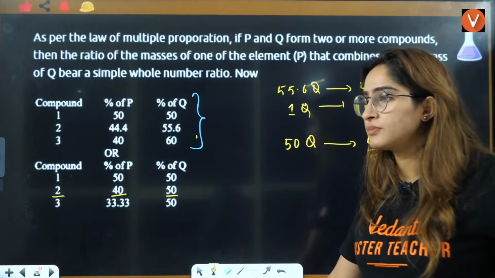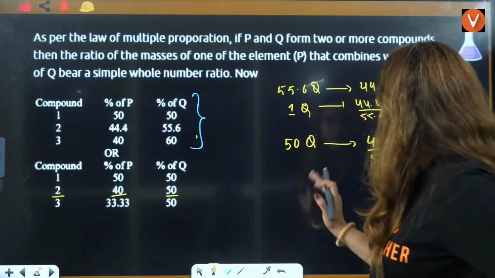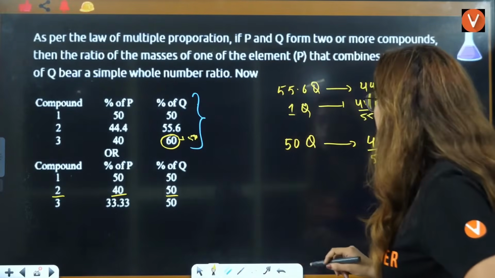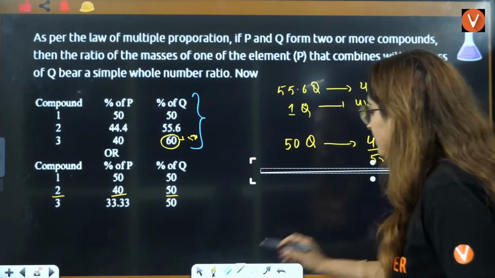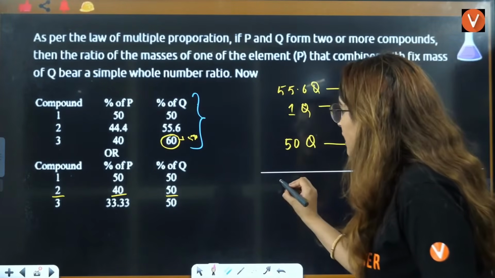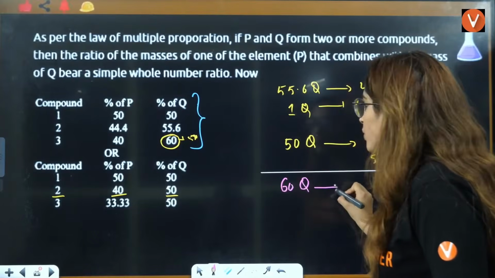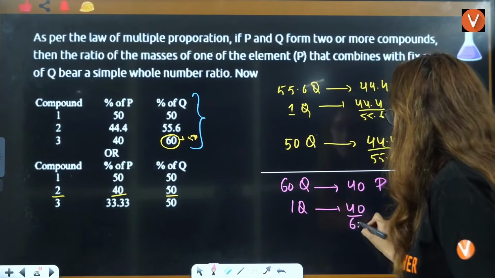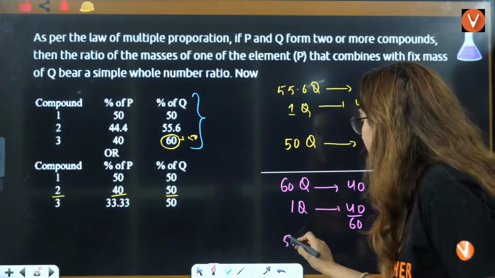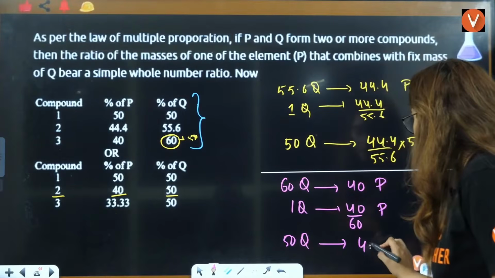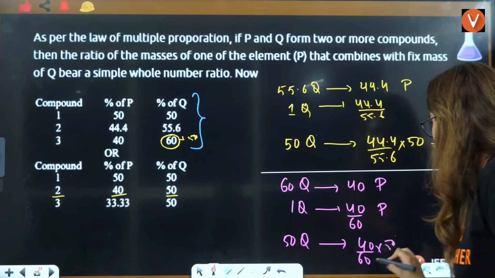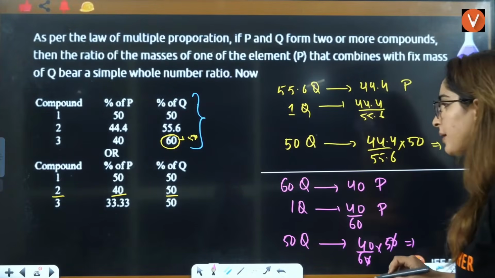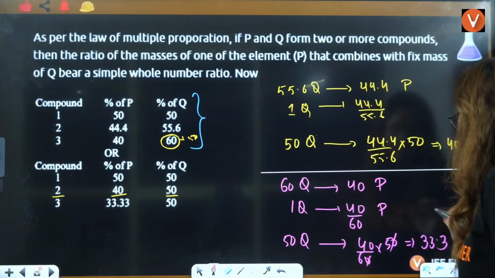Okay. Now, let's understand one more thing. If I put this also as 50, what will I do here? Again, I'll apply the unitary method. 60 of Q has 40 of P. 1 of Q has 40 by 60 of P. Then 50 of Q, I want to know, will have 40 by 60 into 50 of P. So the answer is going to be 33.3, right?